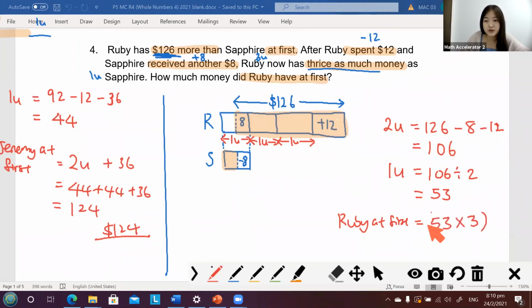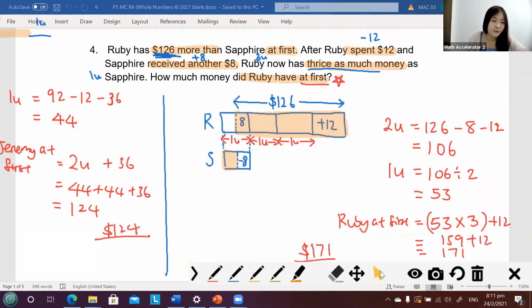However, you still need to include the 12, because they're asking for Ruby at first. Final answer, 159 plus 12. Yes, 171. Good. Those of you who did it by yourself, you get 171. Good job.